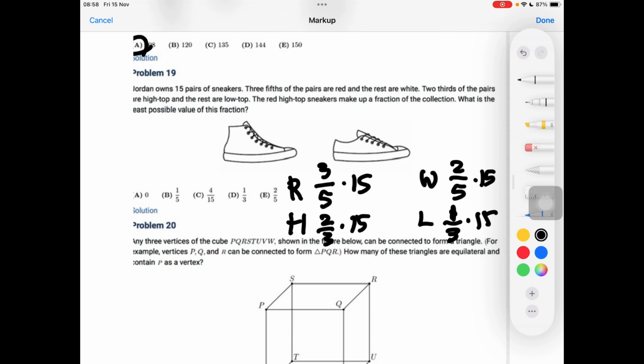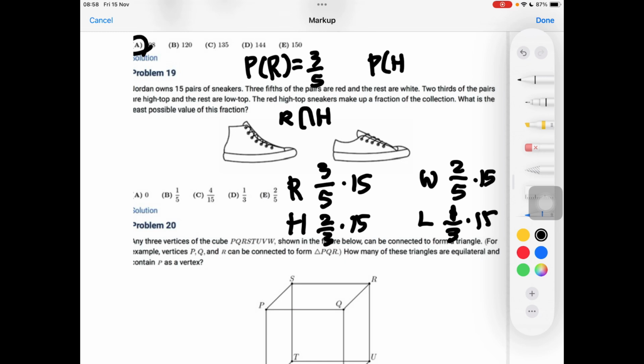Okay. So red and high, like this. So now, actually, I don't need to calculate this one, I think, because we know the probability of red is already 3/5.